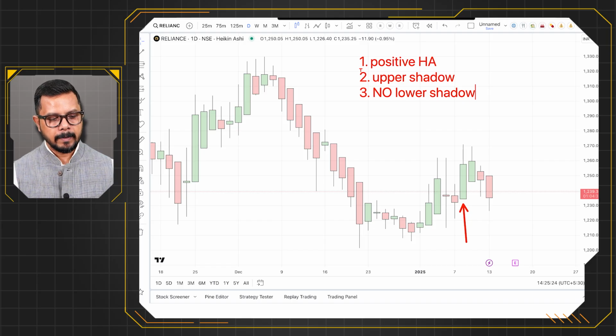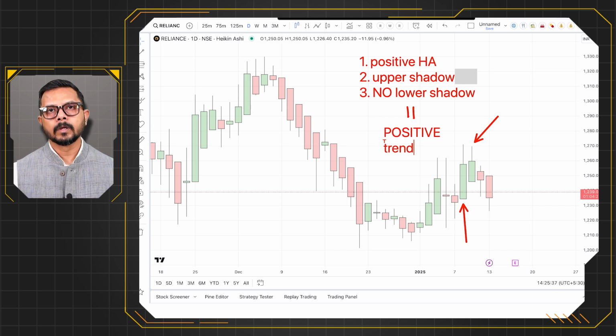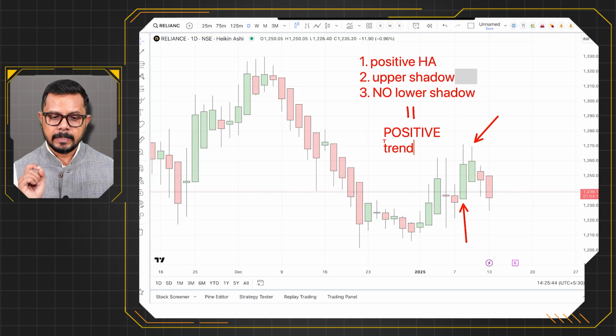When you get a pattern like this, which is over here, this is an implication that it's a positive trend. The direction of the market, the direction of the price is on the upside, and it's pretty strong. See, pretty strong does not necessarily mean it will continue.